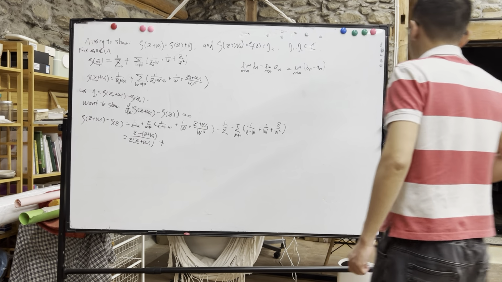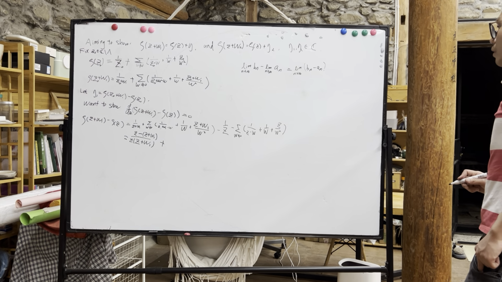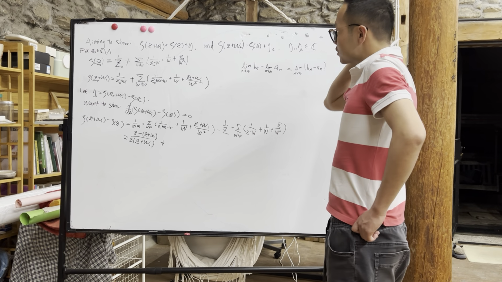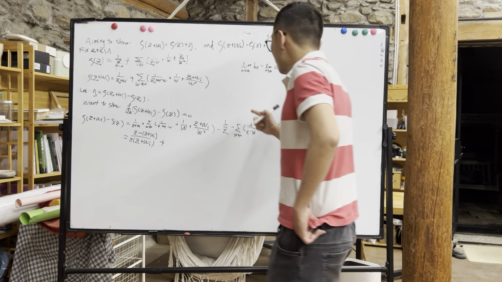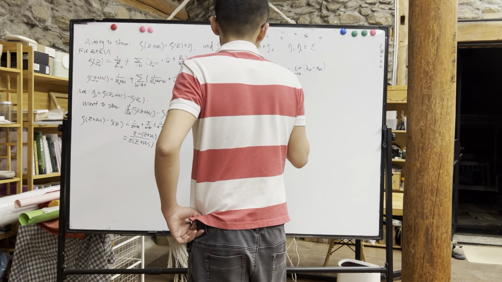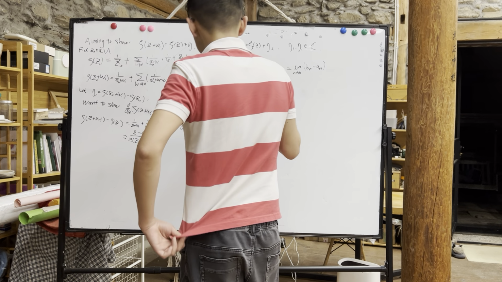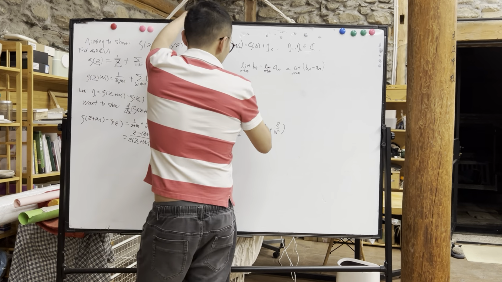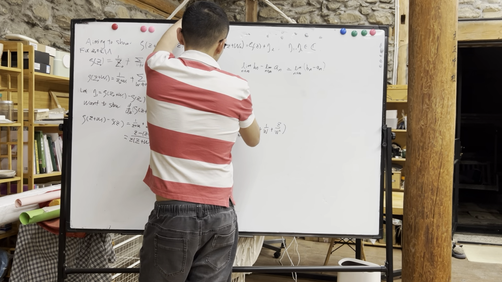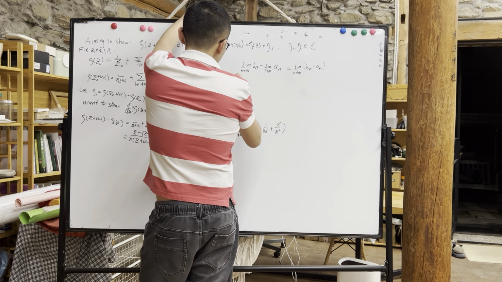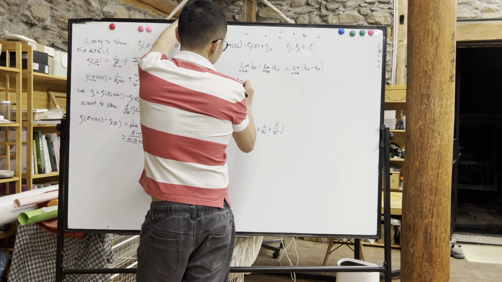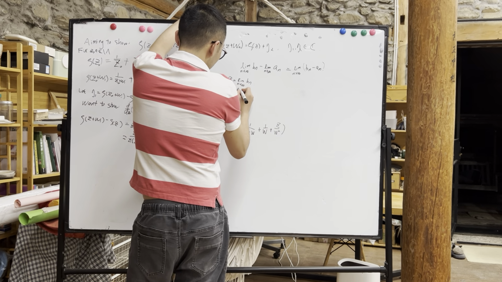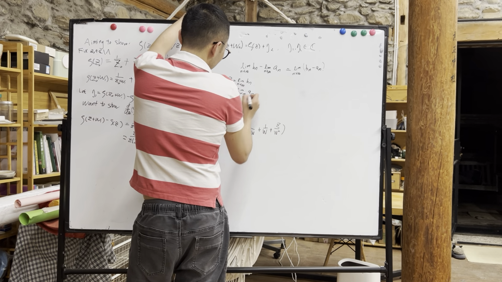So let's do that. Let me use the letter b to denote the limit as n goes to infinity of bn, and I'll let a be the limit of an.